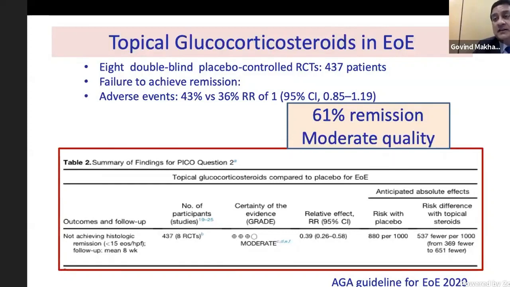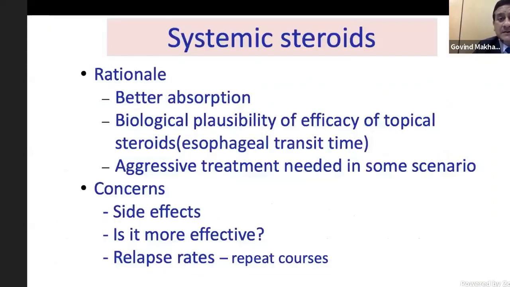Topical steroid side effects are not high, but patients can develop candidiasis in 5 to 30%. Therefore, these patients are asked to rinse their mouth half an hour after taking this drug, and this is important.